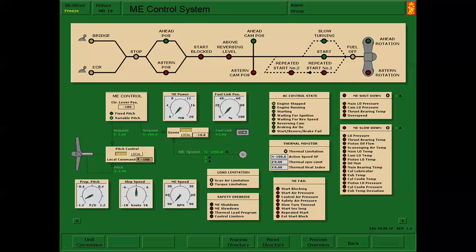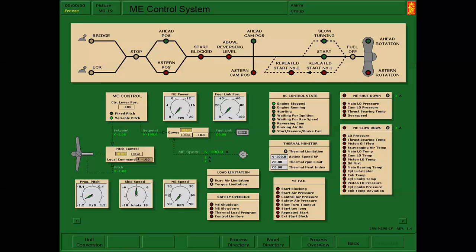When you hit emergency stop, that activates and sends an air signal to the puncture valves. So the safety air system is another supply to the puncture valves to make sure that you can shut down fuel to this engine in an emergency.